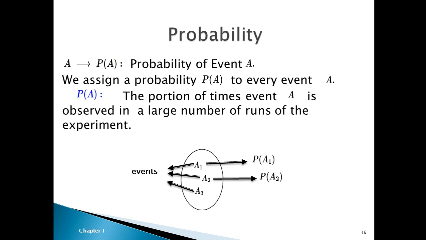On the other hand, if the probability of A is close to 1, A is very likely to occur. The main subject of probability theory is to develop tools and techniques to calculate probabilities of different events.